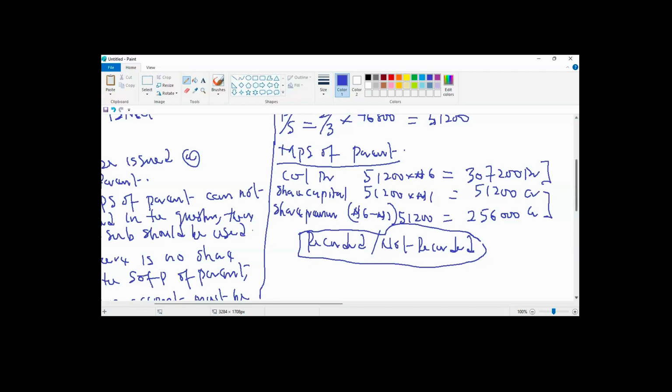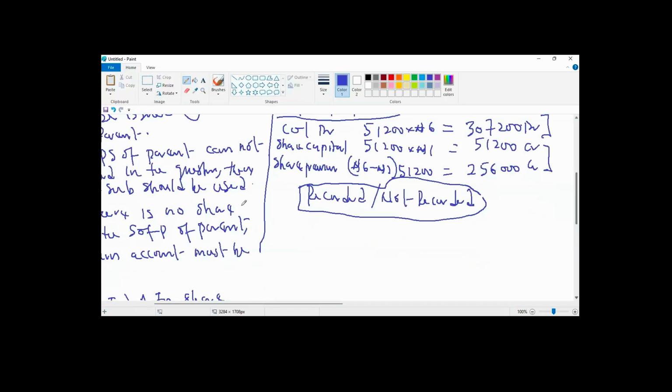1, when the question is silent, it is recorded. What do I mean by silence? After giving you the cost of investment and everything, he will not tell you anything again. You do the needful.